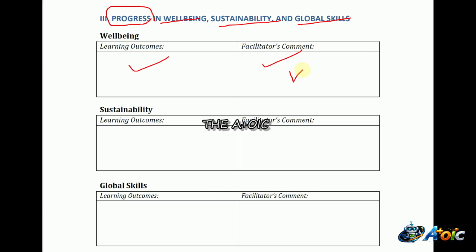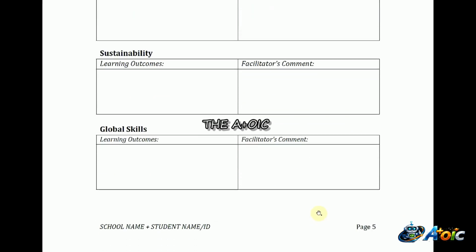Or maybe there should be a way that teachers would work on this collaboratively, or maybe put it up and then send it to the class teacher to do that. That is going to be also work overload on the form teacher. Okay, so they are also going to put in their facilitators' comments here, and then the same thing, the outcome, and then the comment. So let's move down.